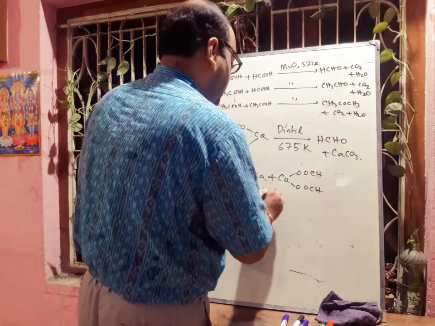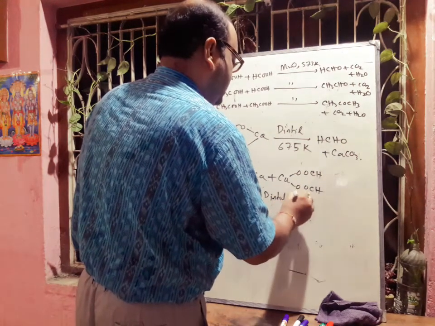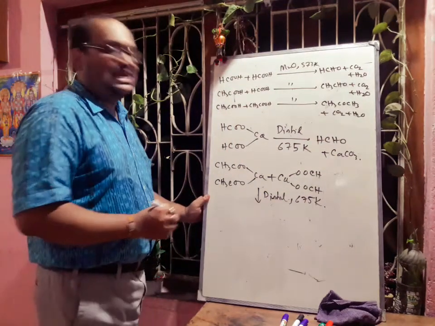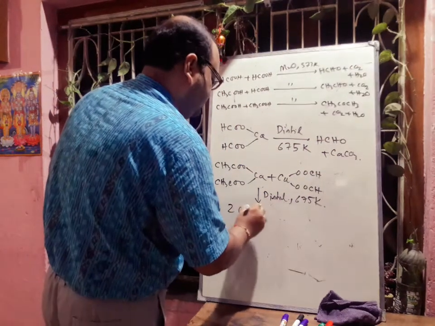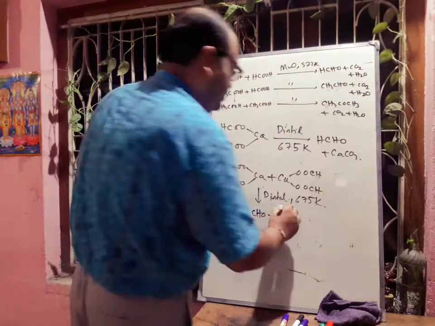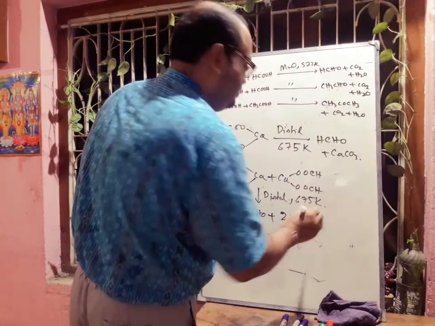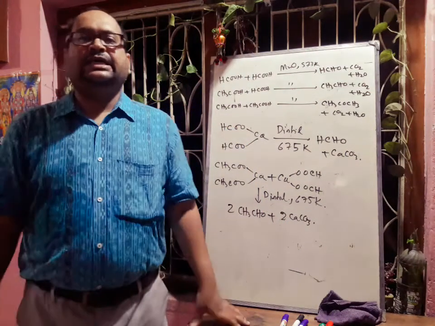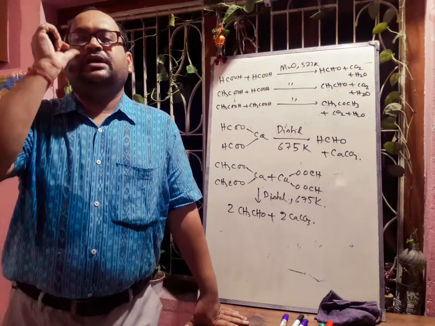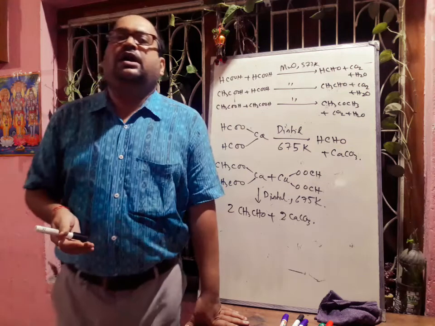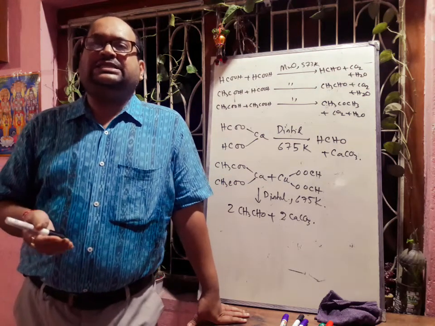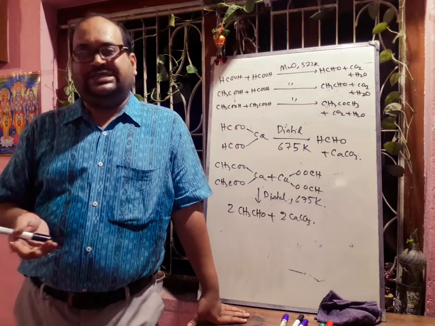If we distill at 675 Kelvin, then there will be formation of acetaldehyde plus formation of calcium carbonate. Next, if we take only calcium acetate, that means two molecules of calcium acetate, then if we distill at 675 Kelvin, then there will be formation of acetone.